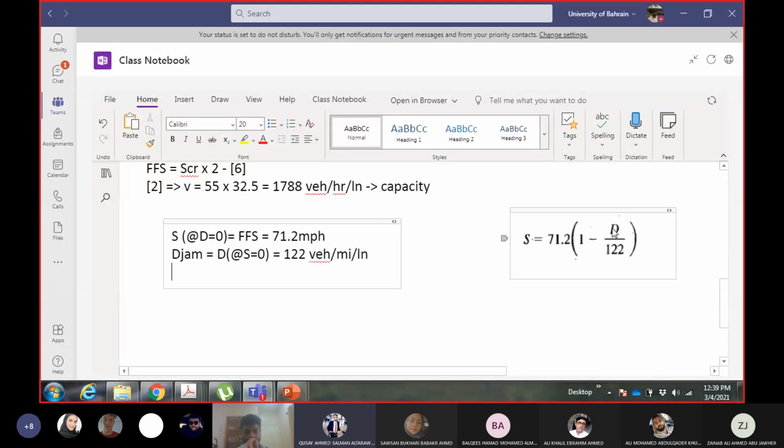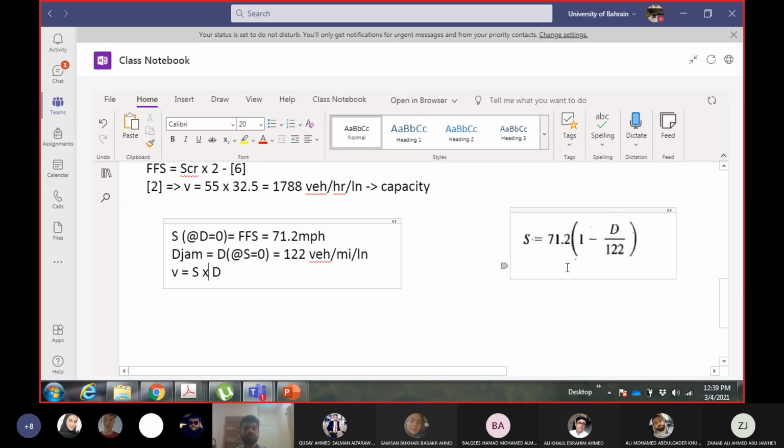Okay, first part done. Second part, we need the equations between flow and density and flow and speed. Okay, so equation 1 is given. And as I said, equation 2 remains the same. So equation 2 was flow equals to speed into density.